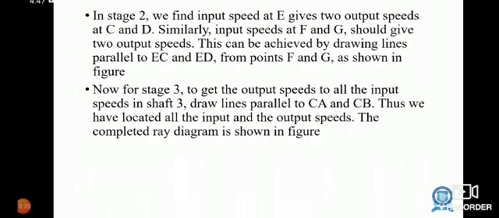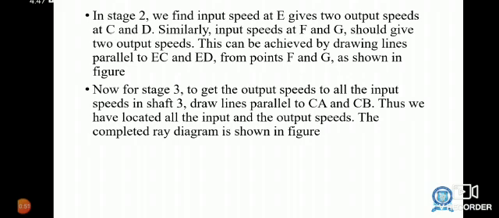In stage 2, we find input speed E gives the two output speeds at C and D. Similarly, input speeds at F and G should give two output speeds. This can be achieved by drawing lines parallel to EC and ED from points F and G, as shown in the figure. Now for stage 3, to get the output speeds for all the input speeds on shaft 3, draw lines parallel to CA and CB.